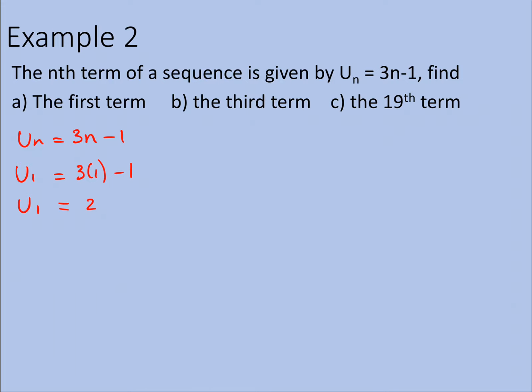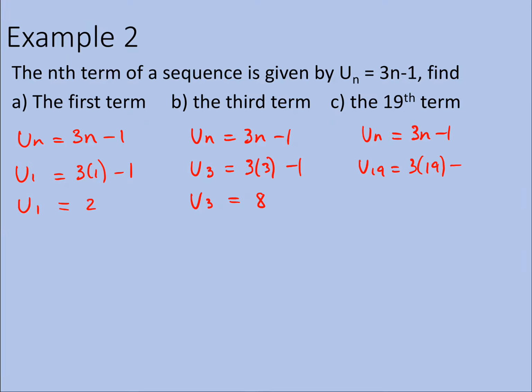If we start with that formula again, the third term then, u3, is going to be 3 times 3, take 1, so u3 is 8, and then u19, we'll do that next, so u19 is 3 lots of 19 minus 1, so that's going to be 57, take away 1, 56.